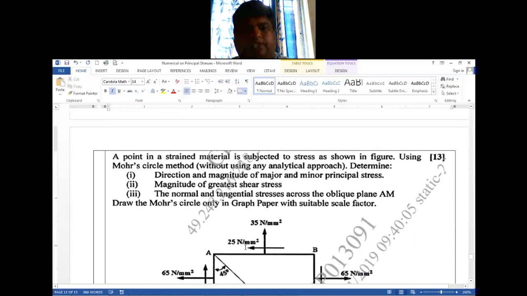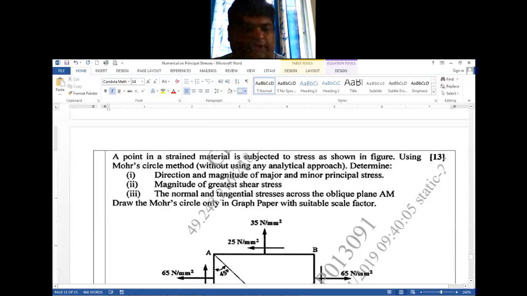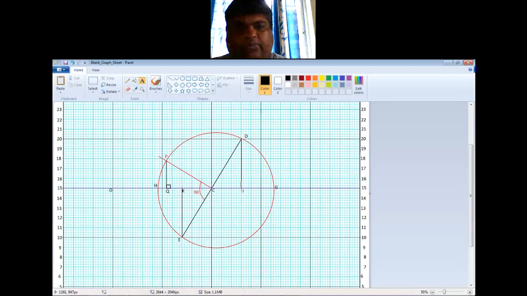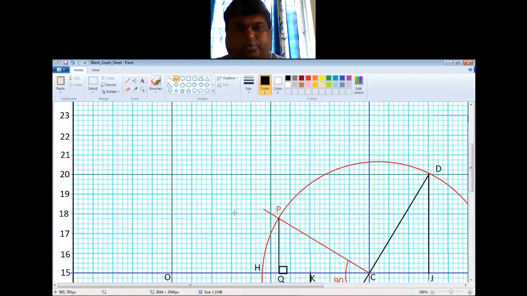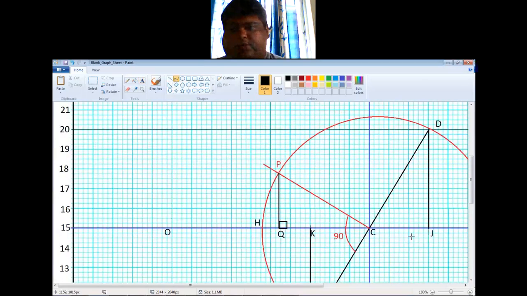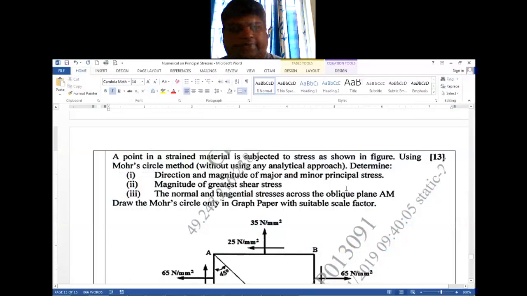And what else is asked? Direction and magnitude. You have to find both, right? So the magnitude will be this angle. So let me just show this. Or I can just write CJD.